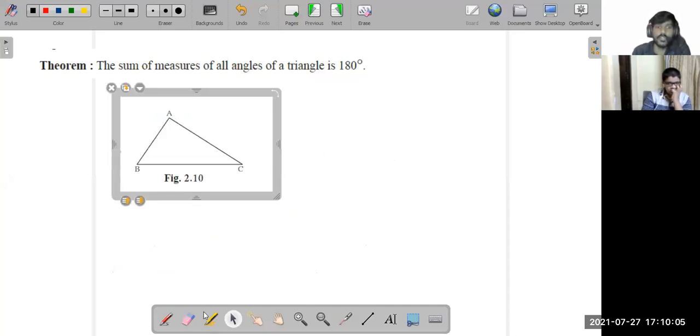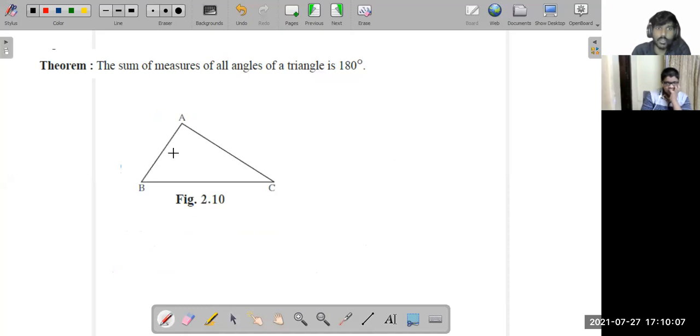So this theorem we can do without the proof. That means you add all three angles of a triangle, you will get 180 degrees.